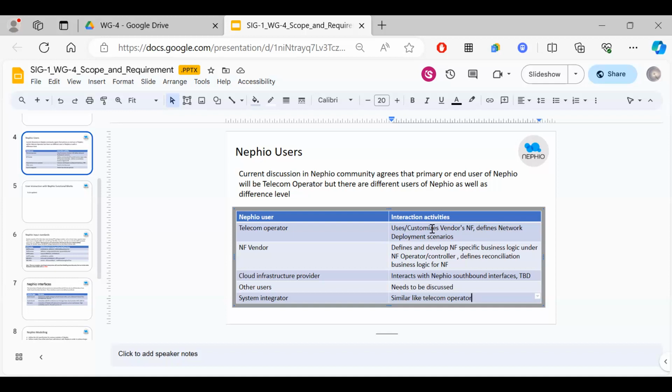And then there are the application or NF vendors themselves that provide the actual applications, with their requirements to the telco operator, the service provider. There's also a cloud infrastructure vendor or provider that provides the infrastructure itself to the operator.